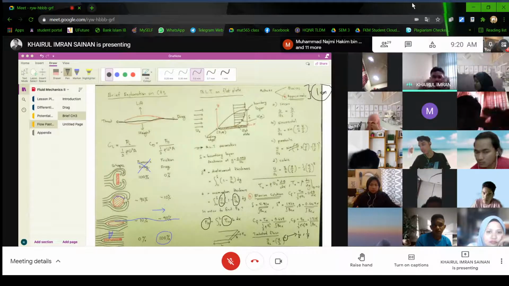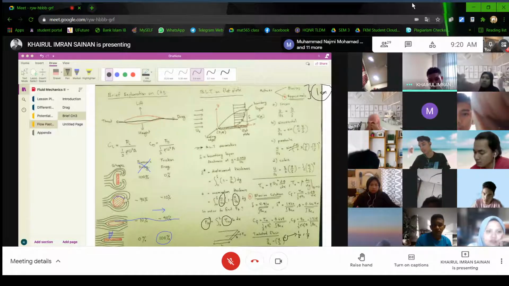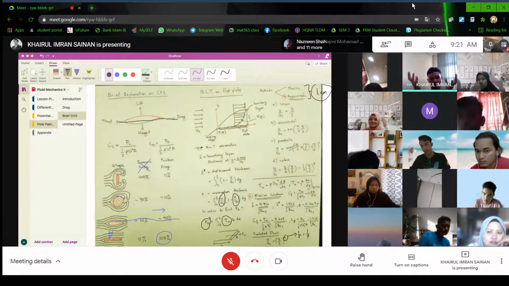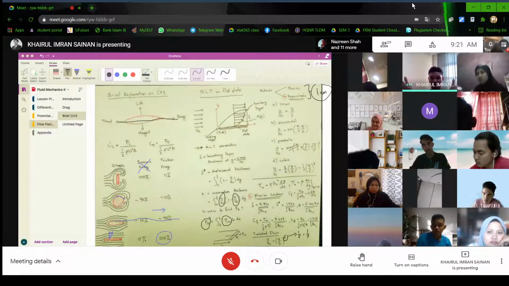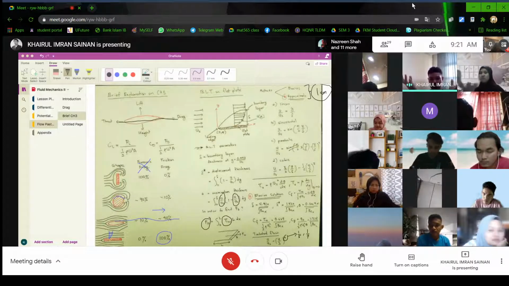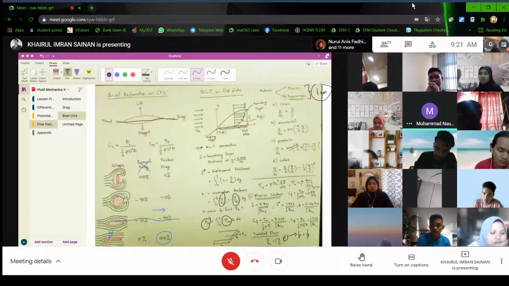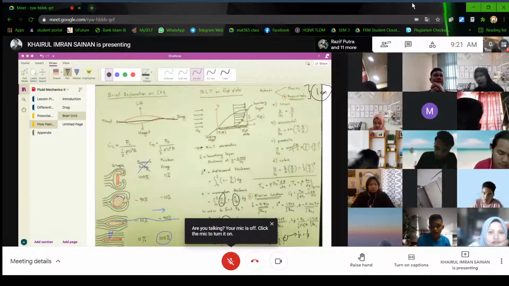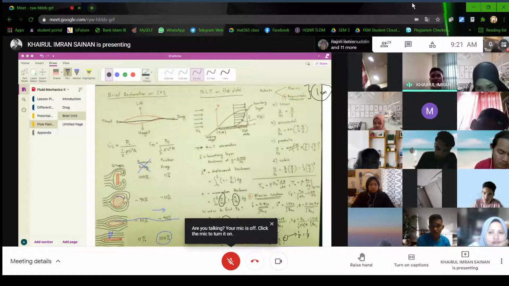The flow is everywhere, right, Naufal? Okay, so basically we cannot classify it into linear or into parabolic. It's too chaotic.